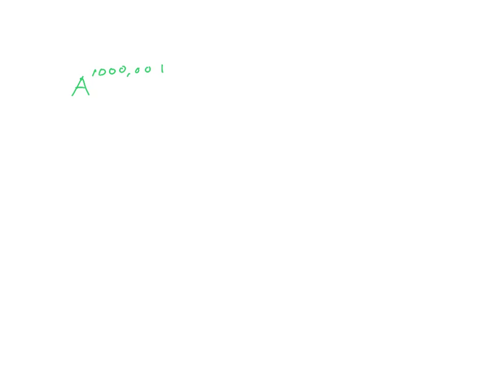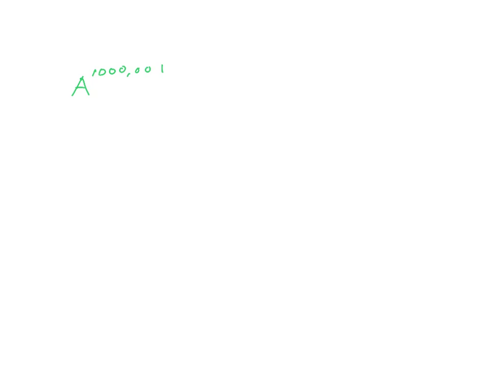If you multiply this matrix without sleeping, it takes about 300 hours. So it's 2 weeks. Even though A is a very simple matrix, if you need to multiply a million and one times, it takes about 2 weeks.